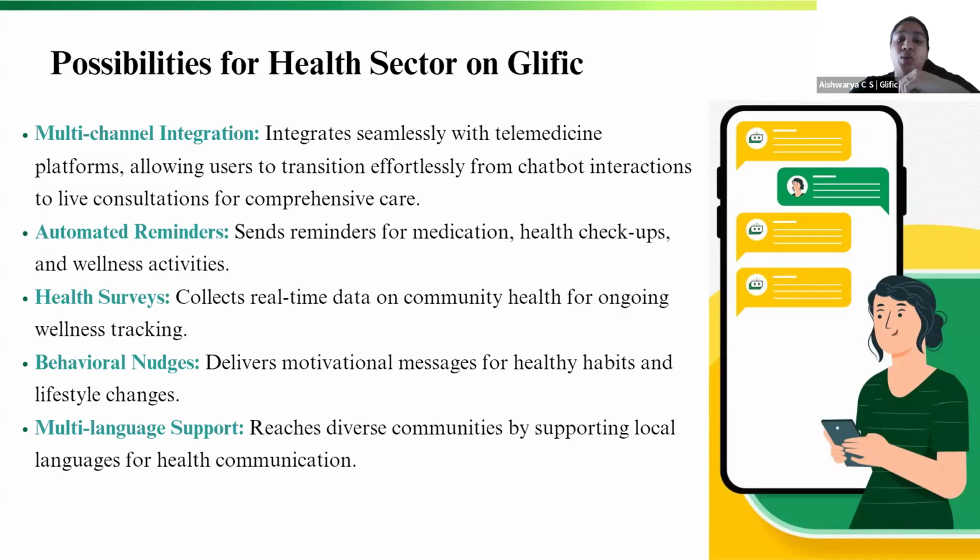Again, we can do health surveys. Let's say you're an NGO that has multiple programs, and you want to understand the health condition in a particular village or community. You can use Glyphic to do surveys to understand how they're doing.